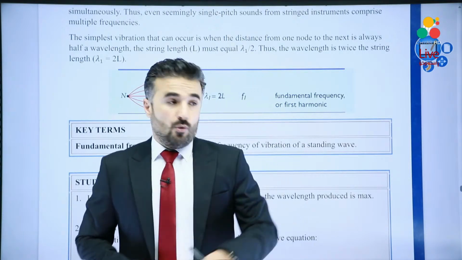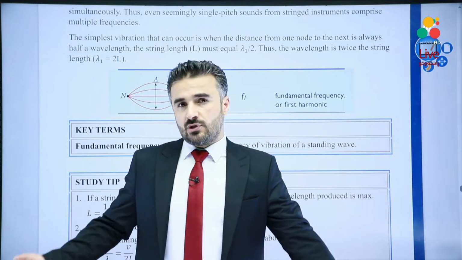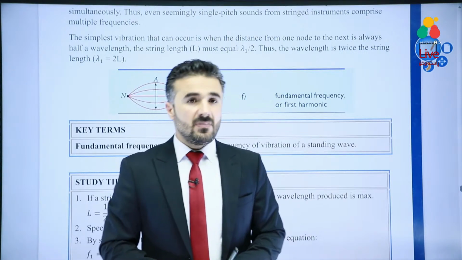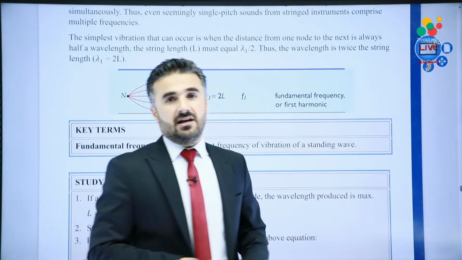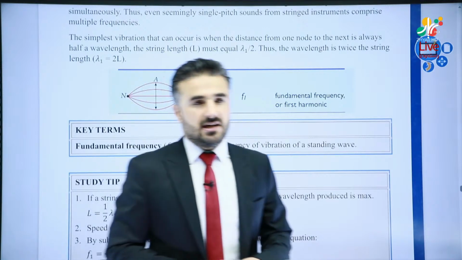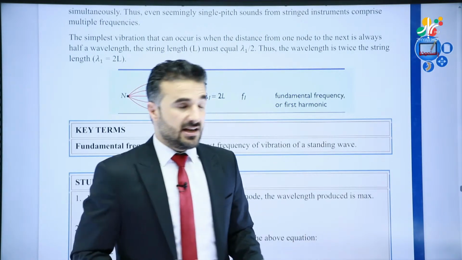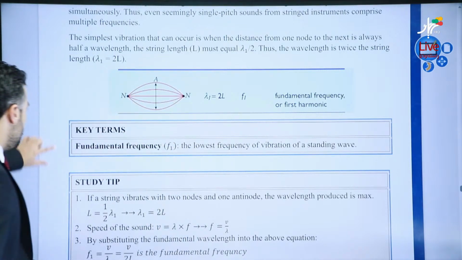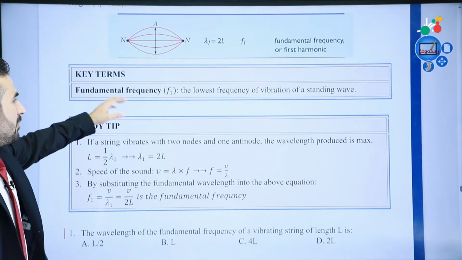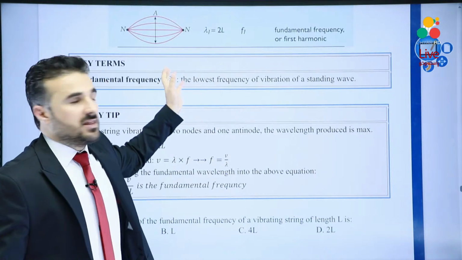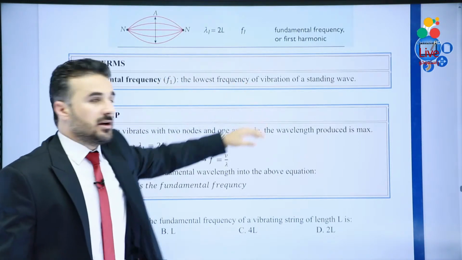When the frequency is the lowest, what is maximum in this case? The wavelength will be the maximum, considering the speed of sound in this case is the same. So the fundamental frequency is the lowest frequency of a standing wave.